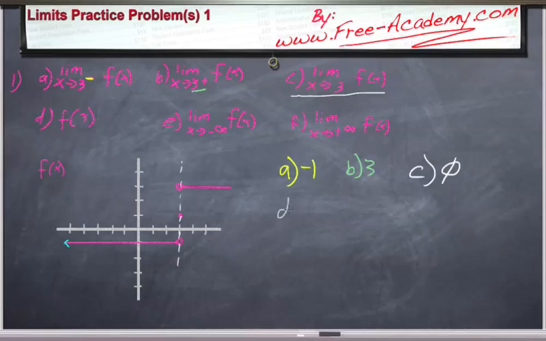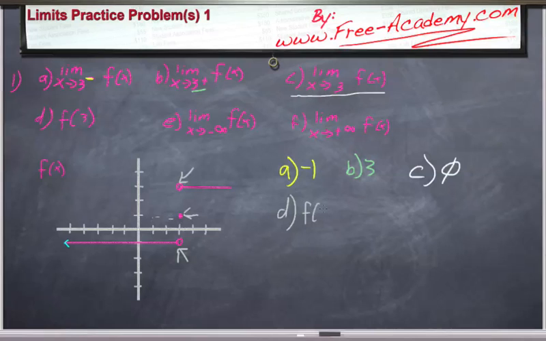Moving on to part D, we're asked to find what is f of 3. We want to find the value of f of 3. Well, these little holes here mean that there's no value at x equals 3 for each of these lines. However, we do have a point at x equals 3, and it's equal to positive 1.